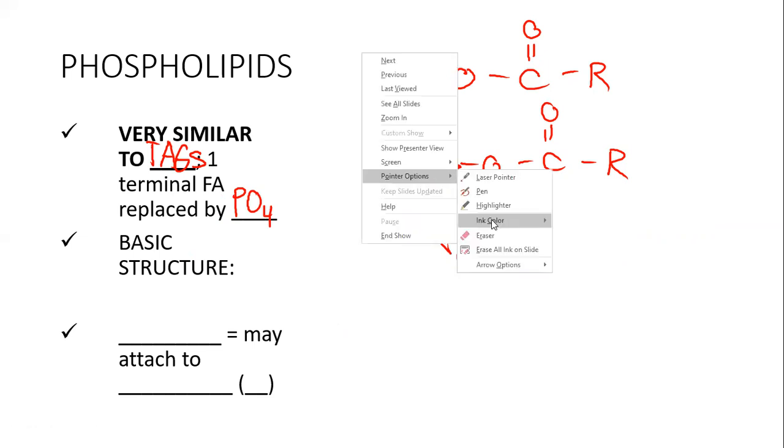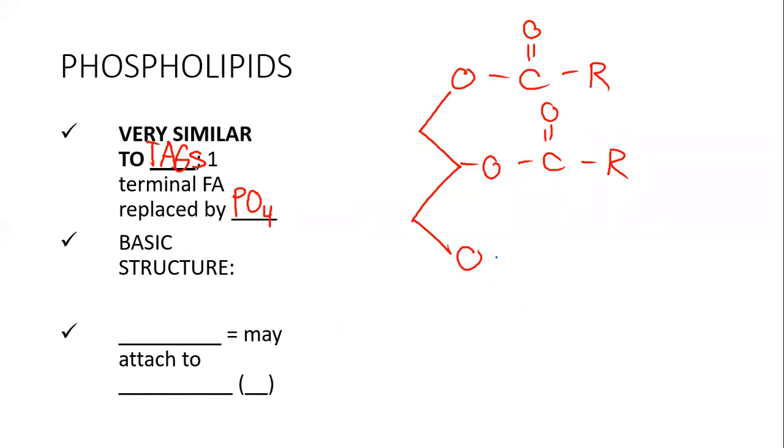Again, one terminal fatty acid is replaced by a phosphate group or PO4. So this will become PO4. So ito class, yung magiging structure ng mga phospholipids.